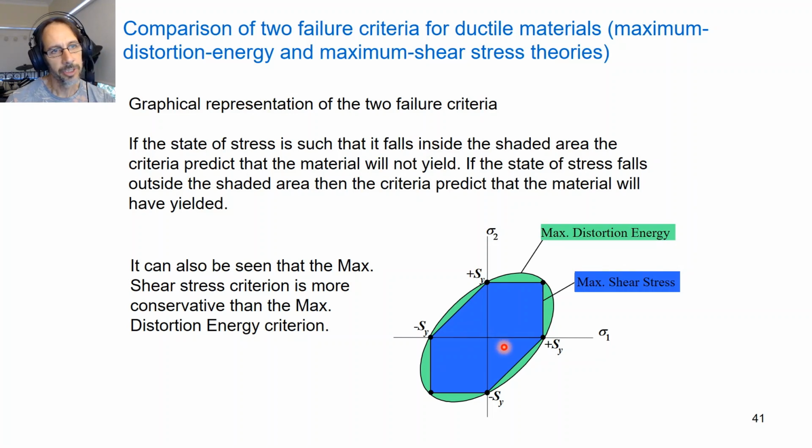As we increase our loading, we hit the boundary of the maximum shear stress criteria first. Okay, so that says as we load it up, we get to here, maximum shear stress criteria says we've reached yield. Whereas the maximum distortion energy says we've still got a little bit to go.